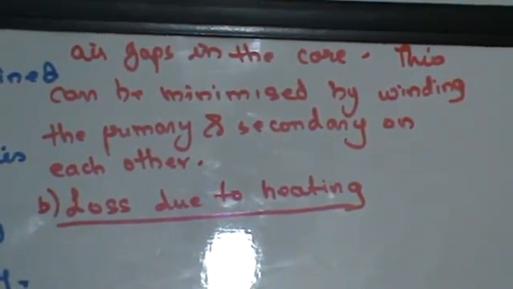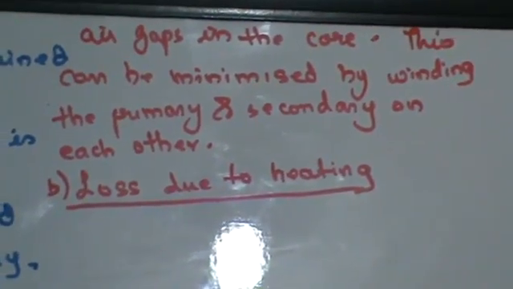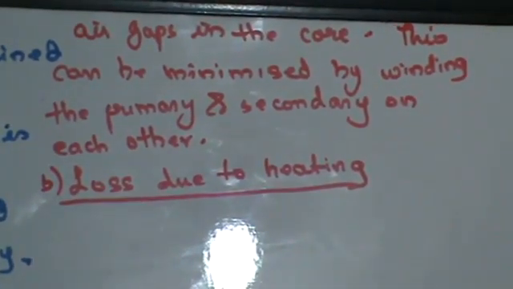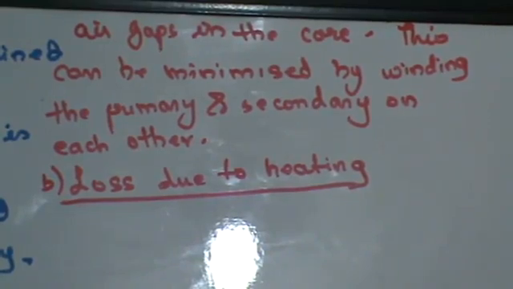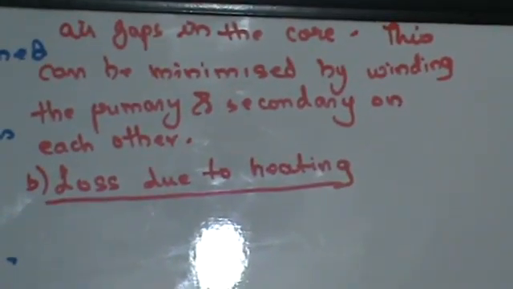Heat, that is I square R, current is flowing, it has certain resistance. So some amount of power is going to be lost in the form of heat, especially in the case of high current, low voltage winding. This is more predominant. Now this effect can be minimized by using a thick wire.